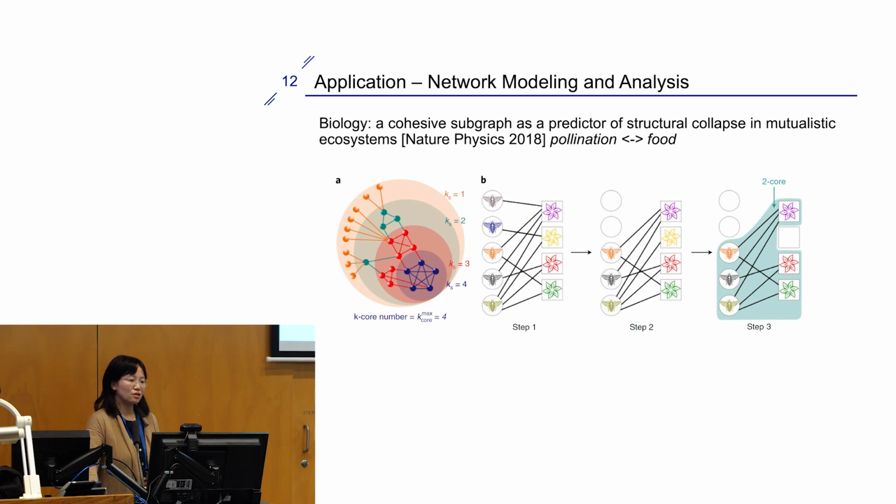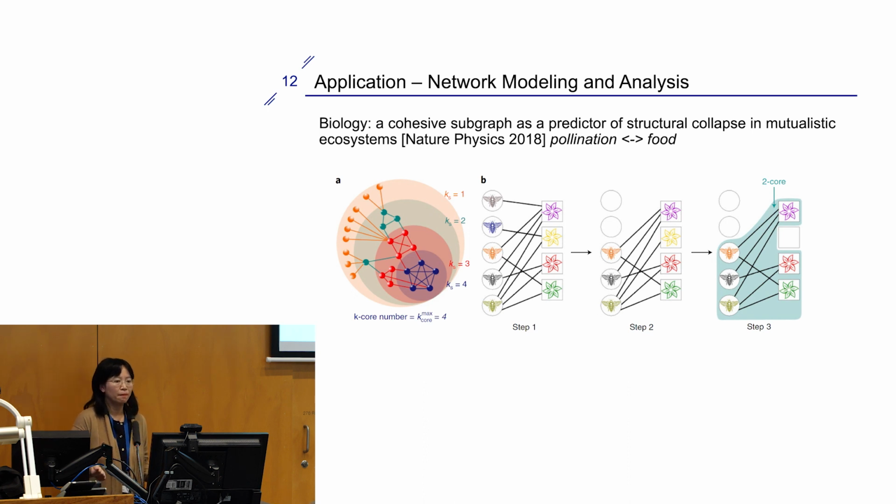Animals like bees and butterflies carry out pollination over plants like flowers or some vegetables. If there is an edge between a bee and a flower, it means that this bee relies on this flower for food, and this flower also relies on this bee or butterfly for pollination to survive.